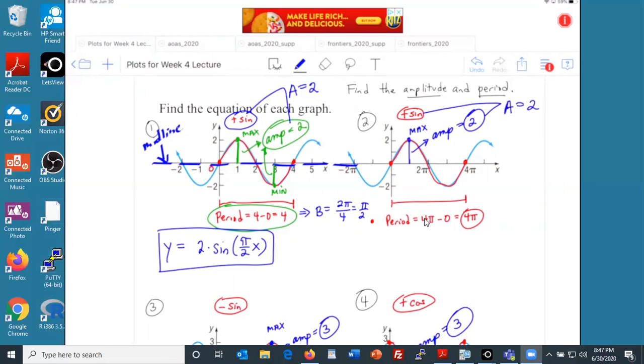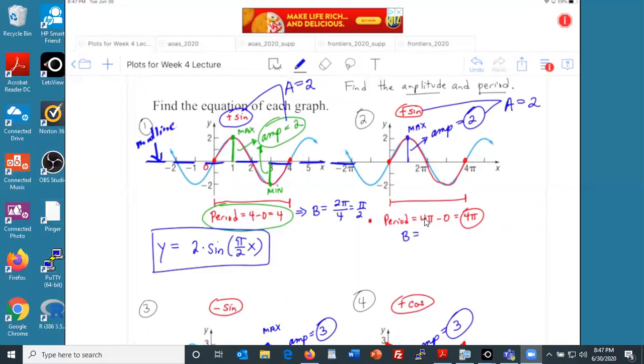So therefore, the b value is 2 pi divided by that 4 pi, which is a half, right? Because the pi's cancel out and you get 2 over 4, which is a half. So therefore, my function or equation is y equals 2 times the sine of half of x.